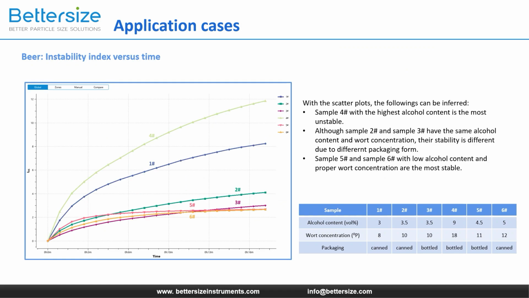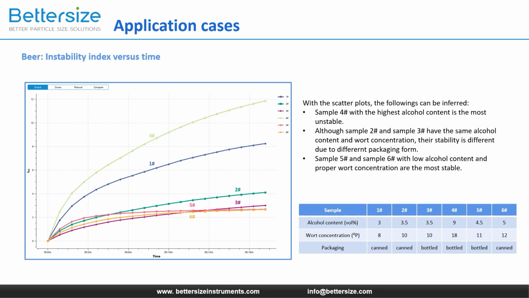The next is the instability index curve over time. The greater the instability index is, the less stable the dispersion will be. Each scan provides an instability index, and after the measurement, the change curves of the instability index will be compared to each other.